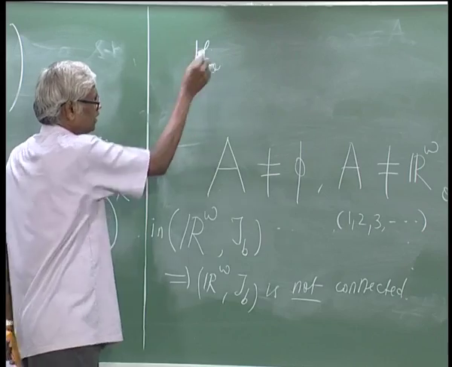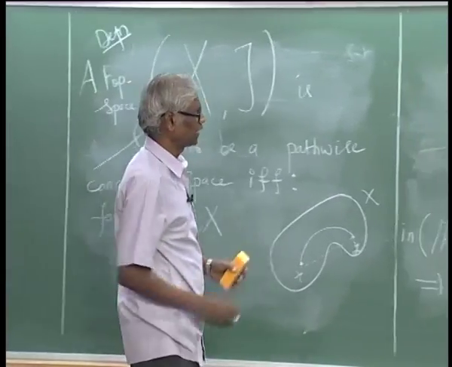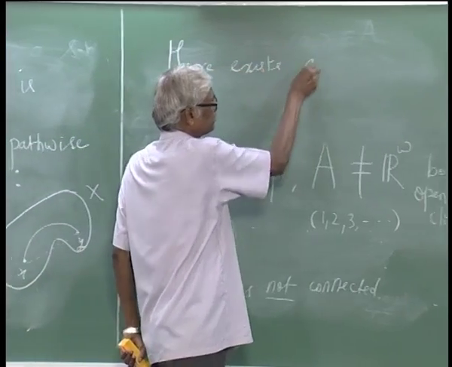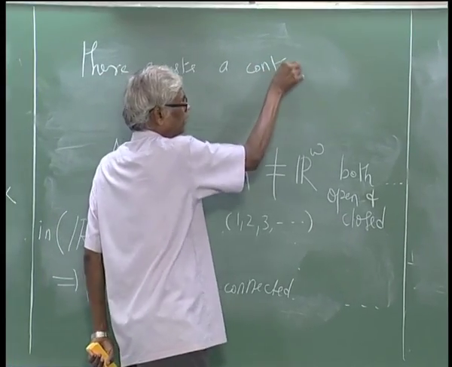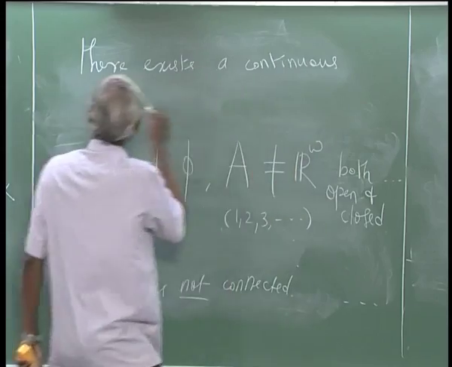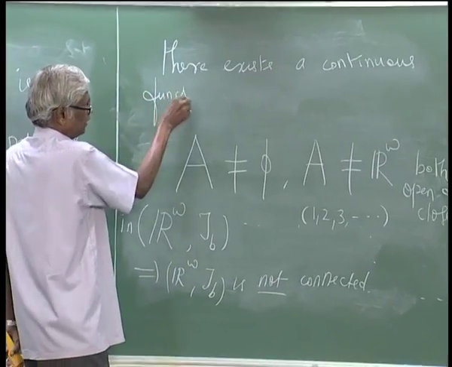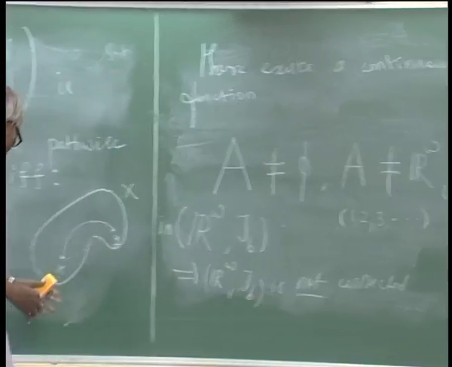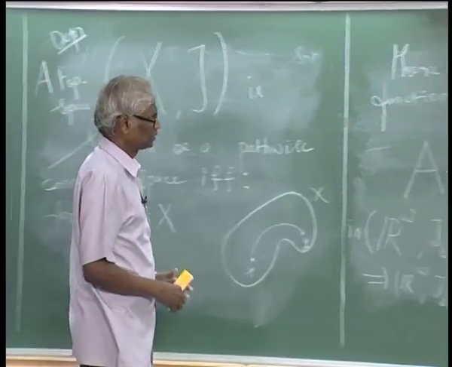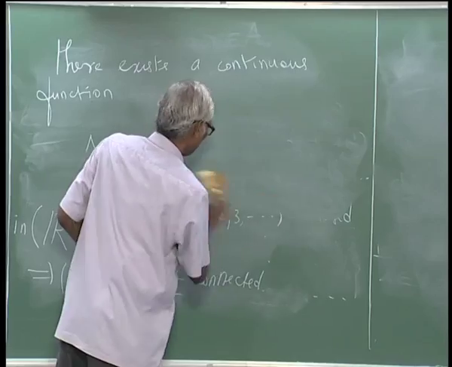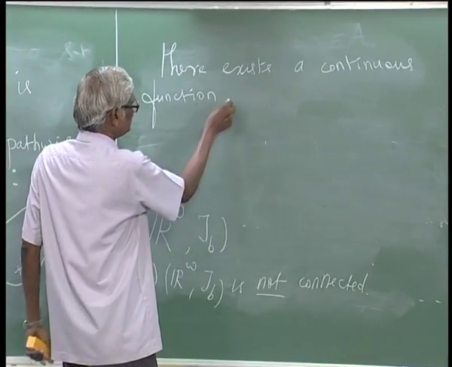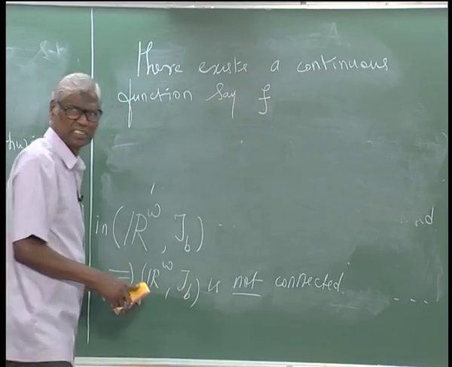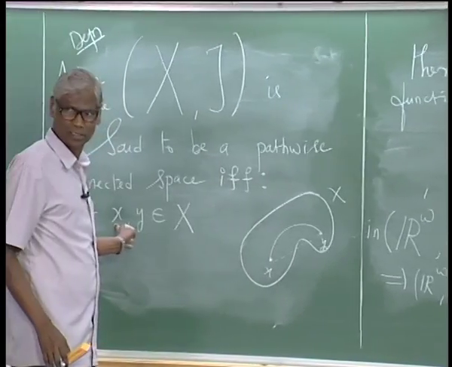For each pair x, y belonging to X, there exists a continuous function, let us say f, that will depend upon x, y. Here we are not writing that f depends upon x, y; that is understood.